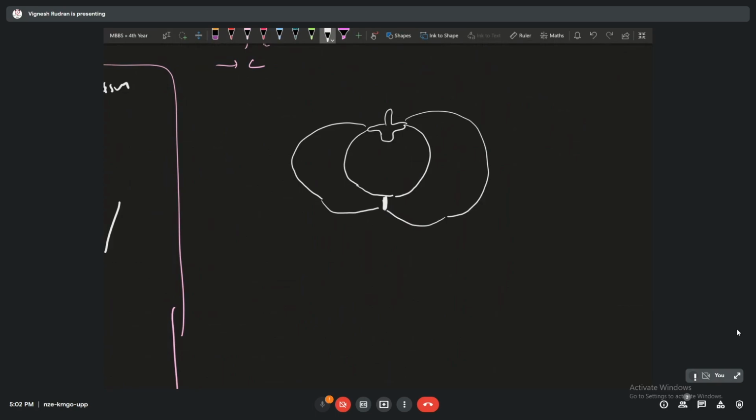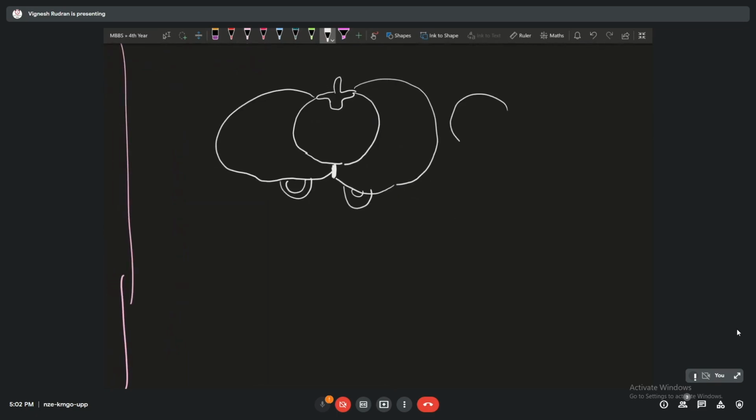Okay. Then you have one thing like this. So this is a very rough diagram. You just look at the book and you practice drawing this. But it's like this.